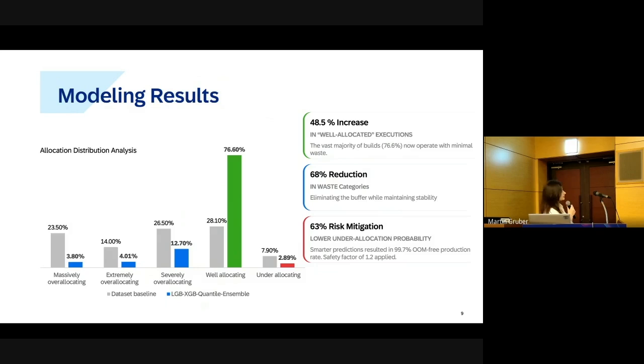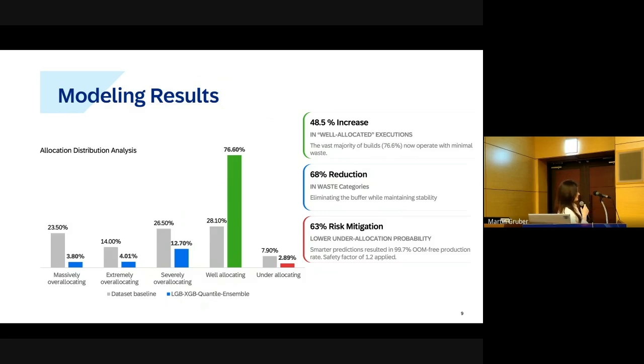You can see the green bar: right now the builds are at around 80% in the well allocated zone. Compared to the gray, this is a 48% difference, which is quite a big difference. And for the waste categories, massively over allocating, extremely over allocating, very over allocating, we have a 68% reduction for them, which is a really big number.